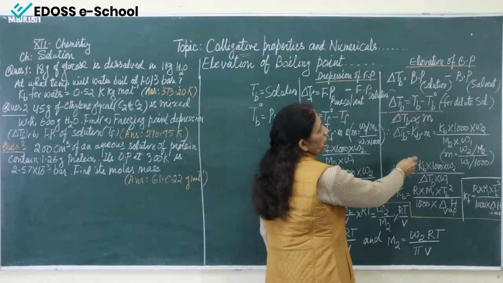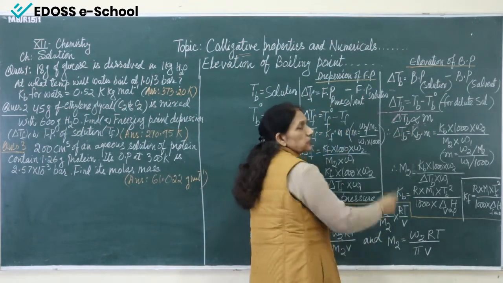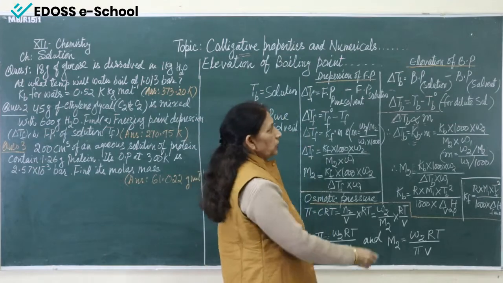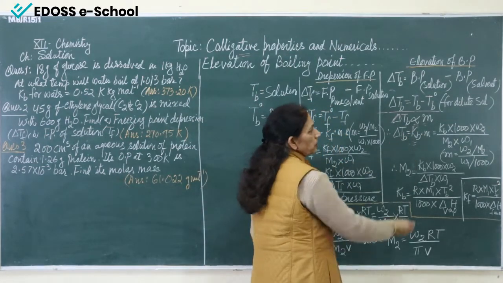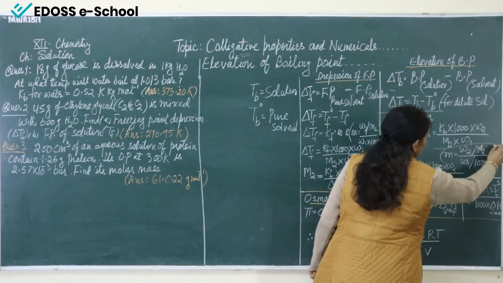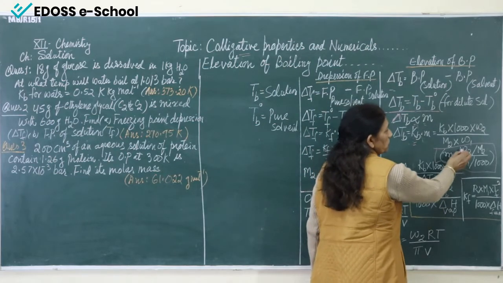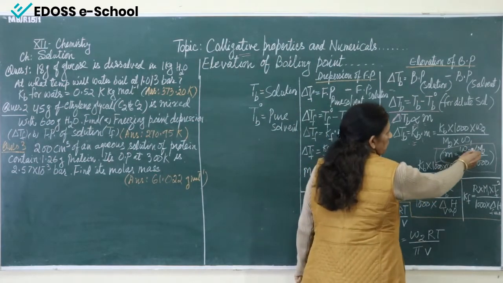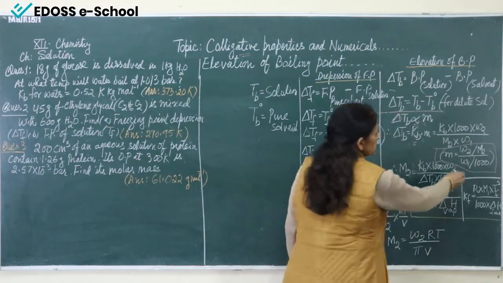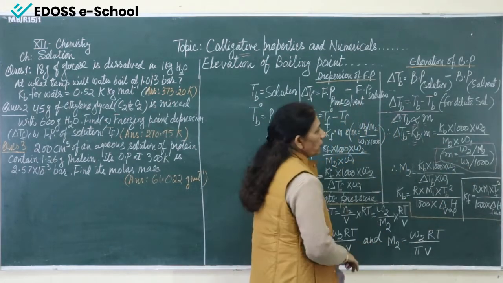So delta Tb will be equal to Kb, a constant called the boiling point elevation constant, multiplied by molality m. Molality is W2 upon M2, where W2 is the mass of solute and M2 is the molar mass of solute, divided by W1, the mass of solvent, upon 1000. This is the formula for molality.